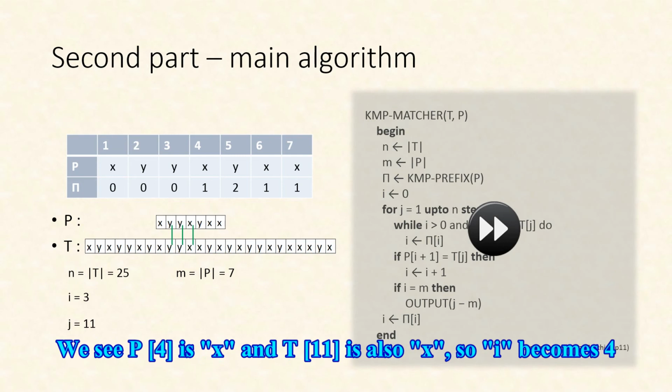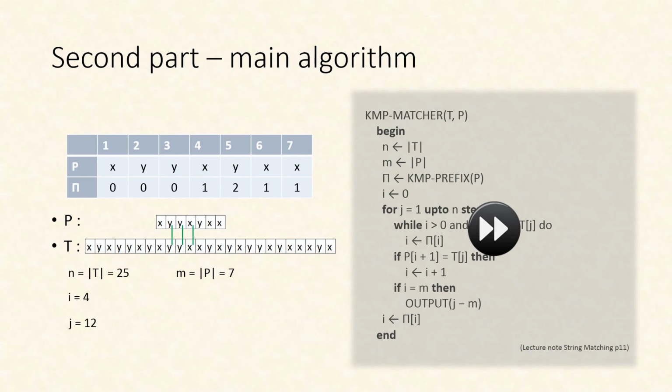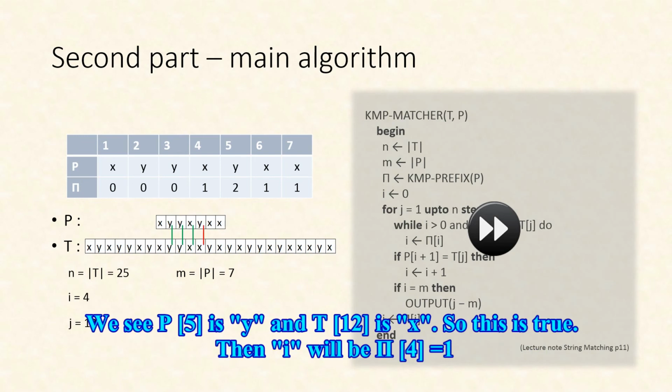We see p4 is x, and t11 is also x, so i becomes 4. For loop again, j becomes 12 now, and i is 4. We see p5 is y, and t12 is x, so this is a mismatch. Then i will be pi[4], 1.